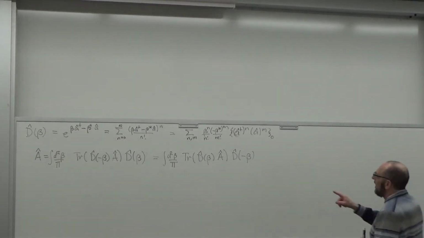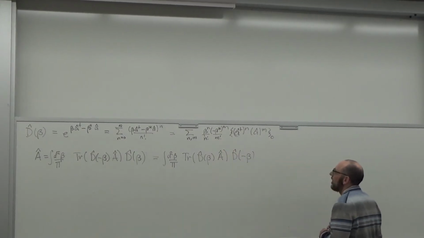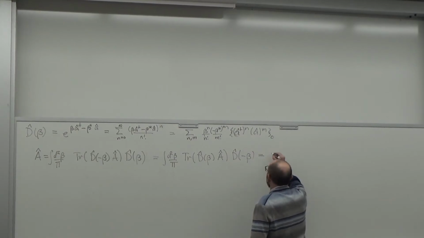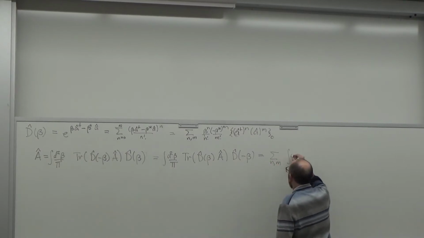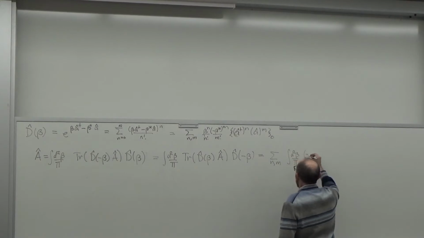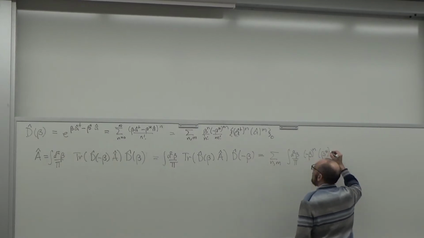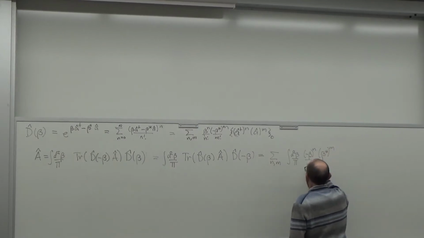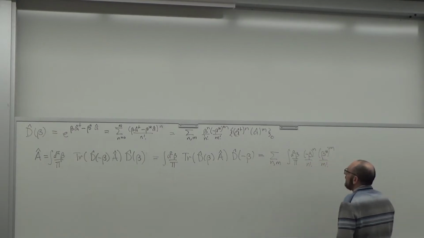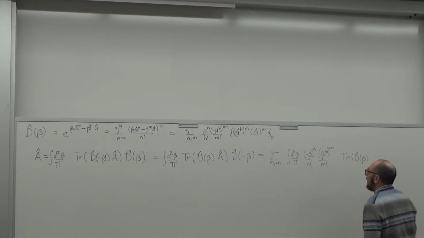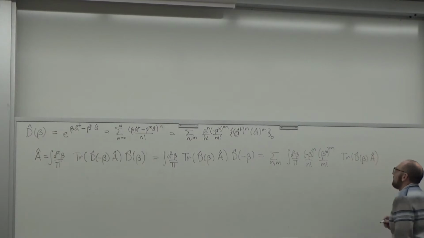Okay? So now I'm going to plug in this over here, and I'm going to get the sum over n and m, the integral over beta, minus beta to the m, plus beta star to the m, over n factorial, trace, d beta, A, and then D dagger.